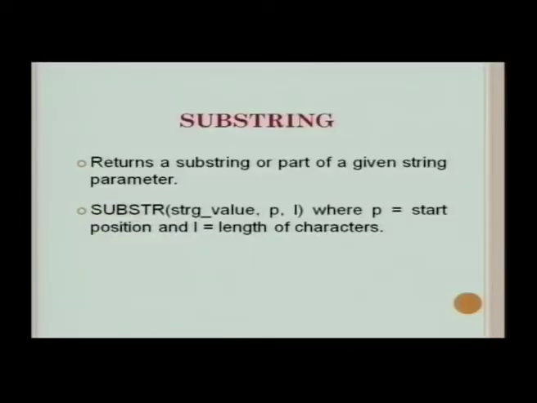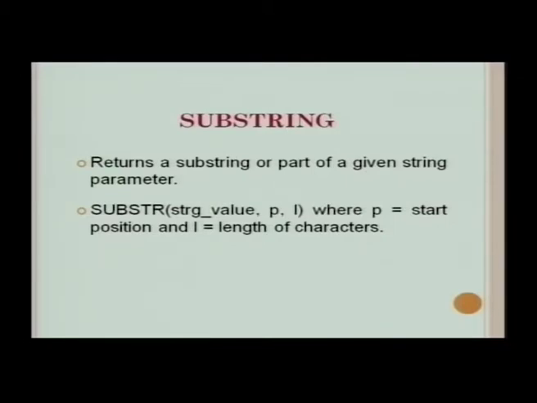Then comes the substring. Suppose you have a string in one of the columns, and you want only a part of the given string. You have to specify the start position and how many characters need to be displayed.